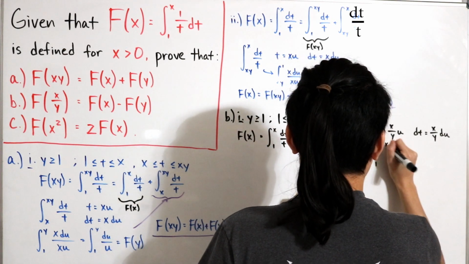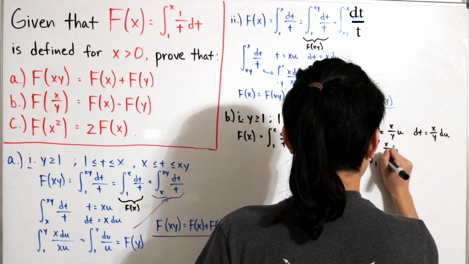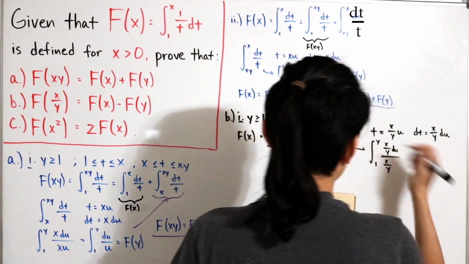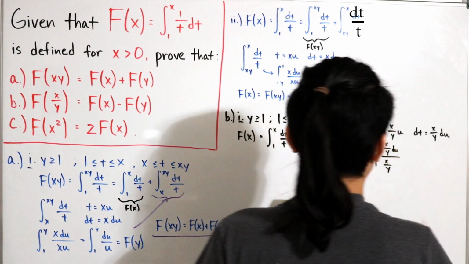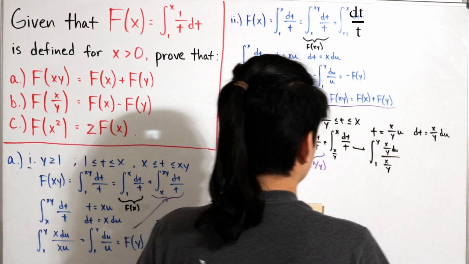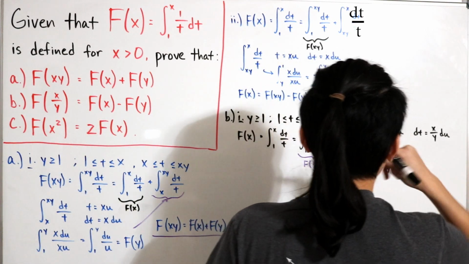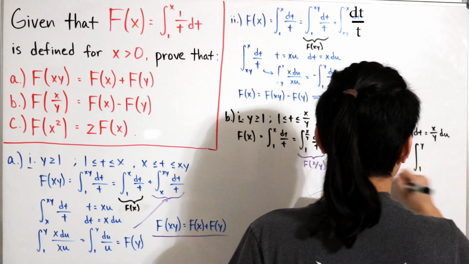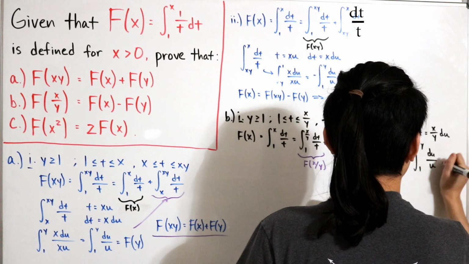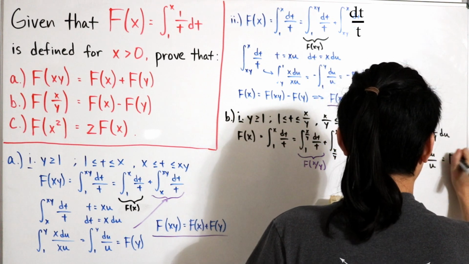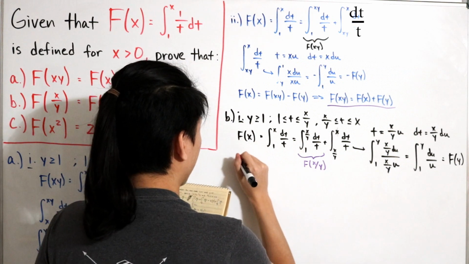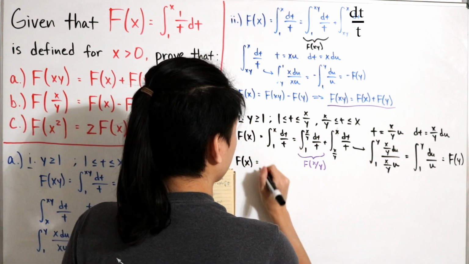Then this will be x over y du, divided by x over y times u, and they cancel out. Then we have the integral from 1 to y of du over u, which is just equal to f of y.